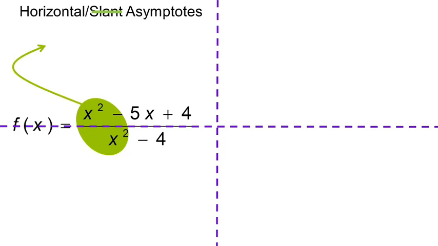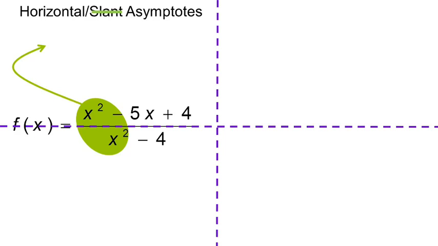Okay, we're going to start with the horizontal and or slant asymptotes. To find those, we're going to compare the first two terms, or the leading terms, in the top and the bottom. Since the leading terms in the top and bottom have the same exponent, this tells me that I have a horizontal asymptote. It wouldn't be a slant asymptote.